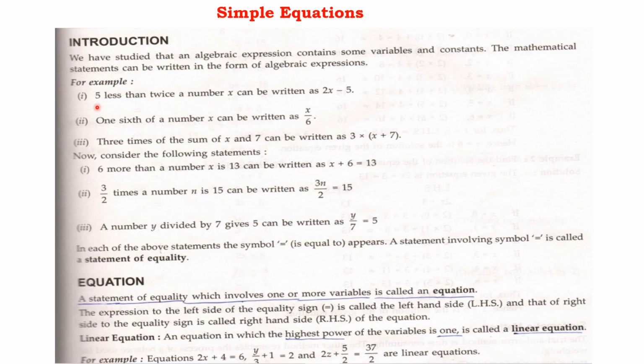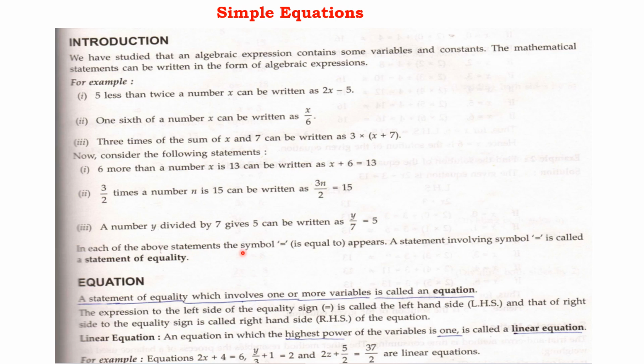So see some examples. 5 less than twice a number x can be written as 2x minus 5. 6 more than a number x is 13 can be written as x plus 6 is equal to 13. A number y divided by 7 gives 5 can be written as y by 7 equals 5.